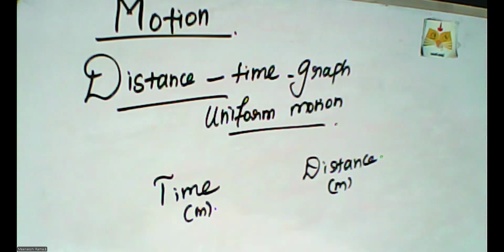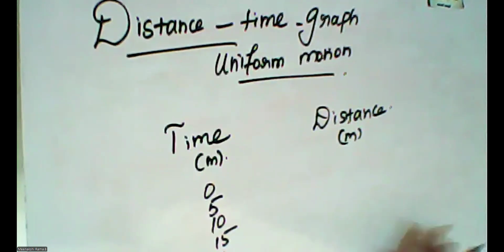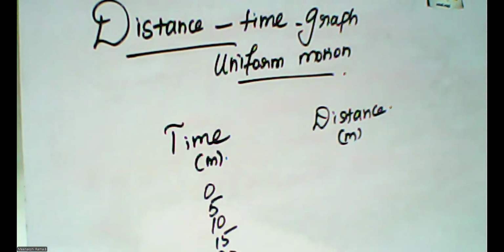He maintained the time in a proper manner. For example 0, 5 and 10, 15 and 20. So the time schedule is increasing in steps of five: 5, 10, 15, 20, 25 like that.